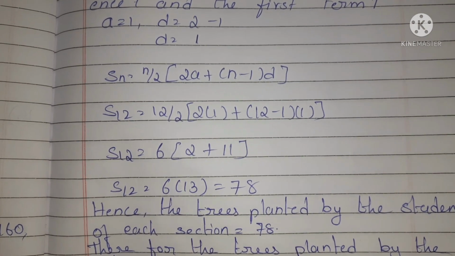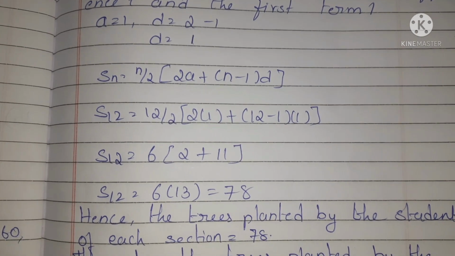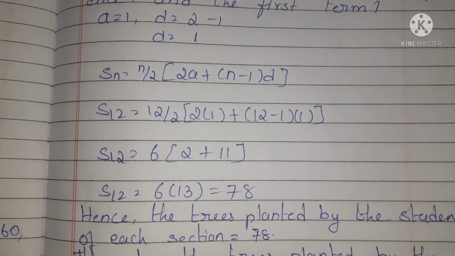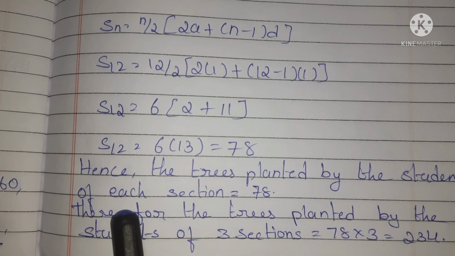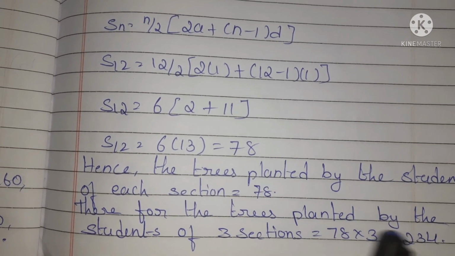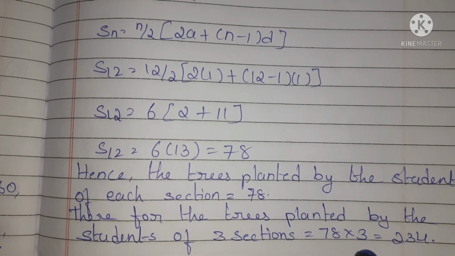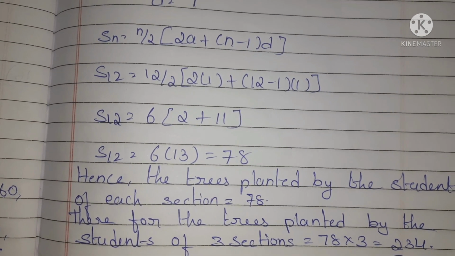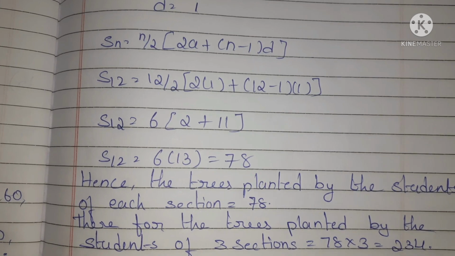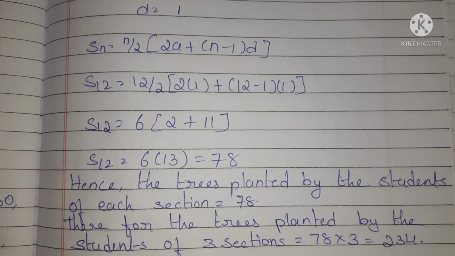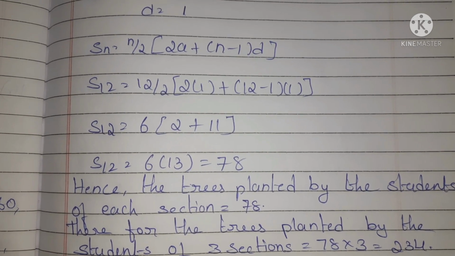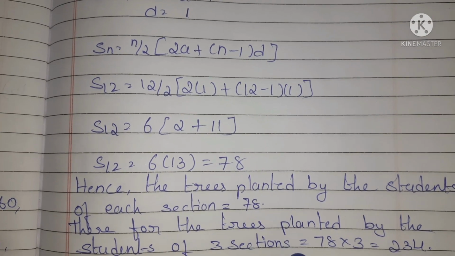Therefore, the trees planted by the students of three sections is 78 into 3. 78 into 3 is 234. Now, 234 trees will be planted by the students.